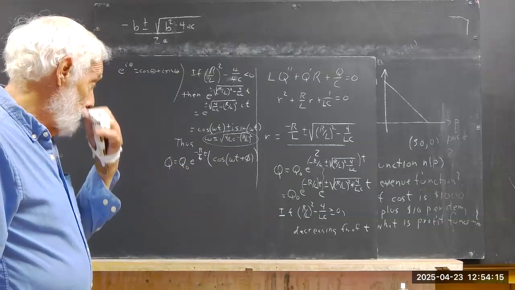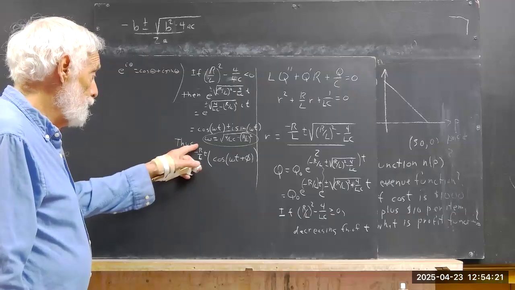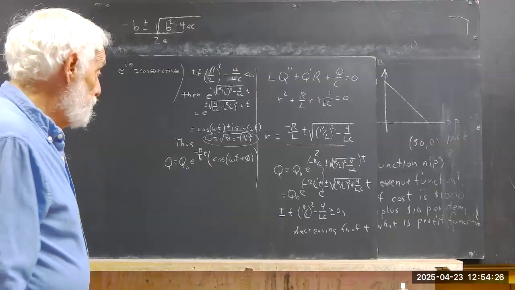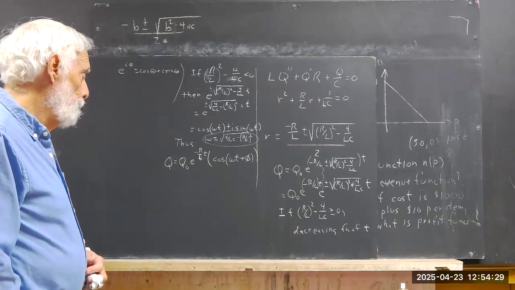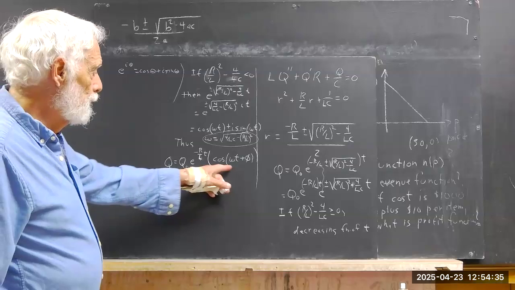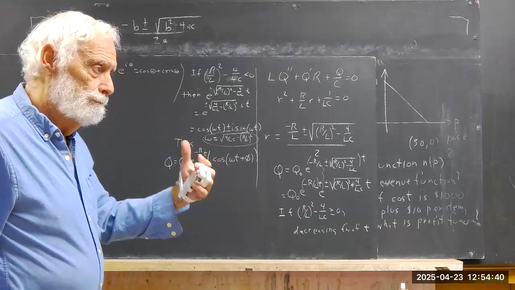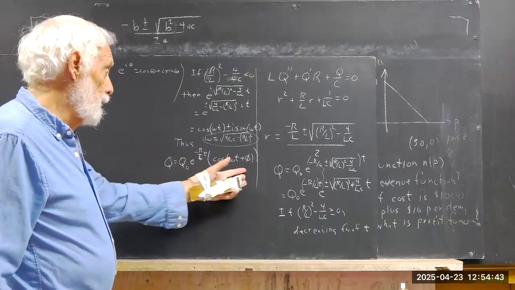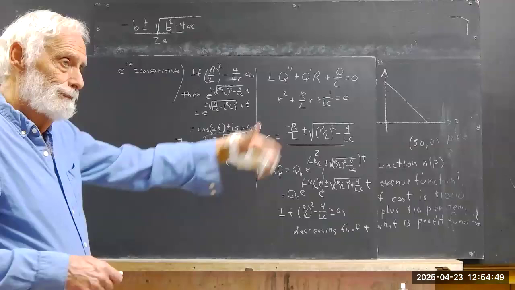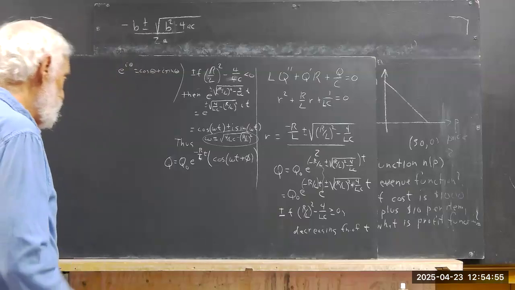I'll point out also, if R was absent, then we wouldn't have this exponentially decreasing term. In that case, we would just have a simple oscillating result. Take this term out, we just have a sine function, basically, sine with a certain phase.